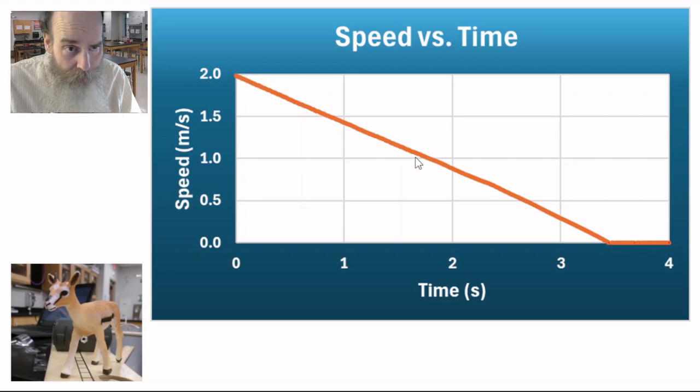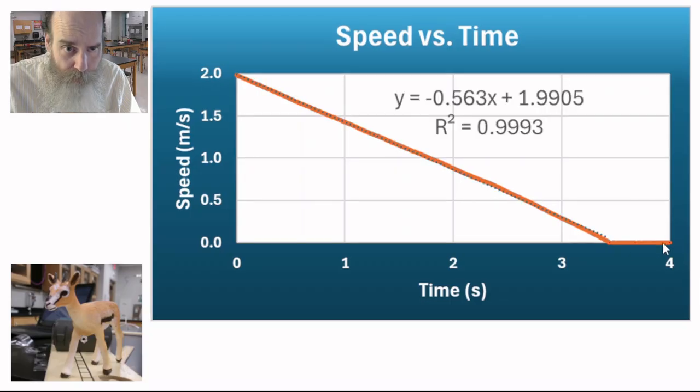This looks like a nice linear function. Let's do a best fit for this linear part, not including the part where it has already reached 0. If we do that fit, we find this. We find a constant rate of change of speed.